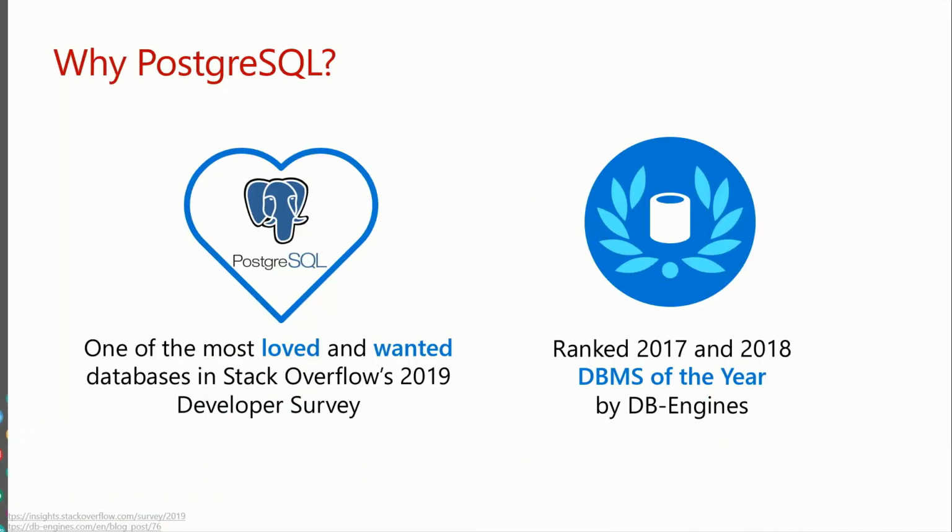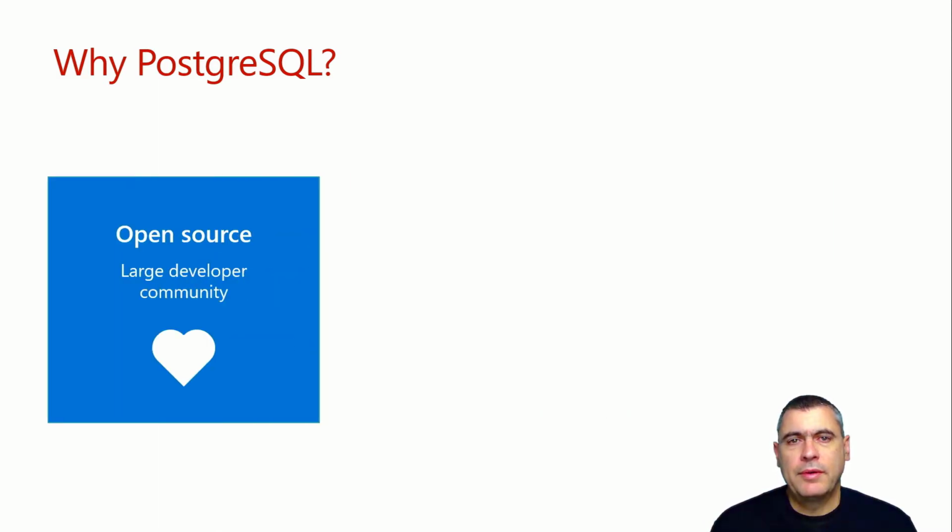There are a few reasons why you may be interested in Postgres. First and foremost, it's one of the most appreciated database engines on the market for different reasons that we'll see later on. But whether you're a DBA, a developer, or a decision maker, there are multiple reasons why PostgreSQL would be a good choice for you. First and foremost, Postgres is open source, and there is a large and vibrant community that builds Postgres.